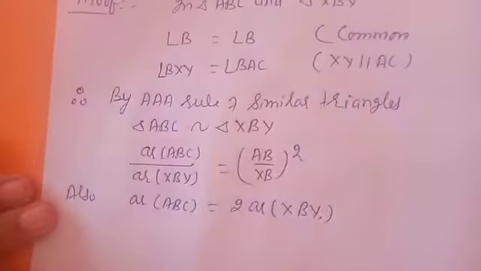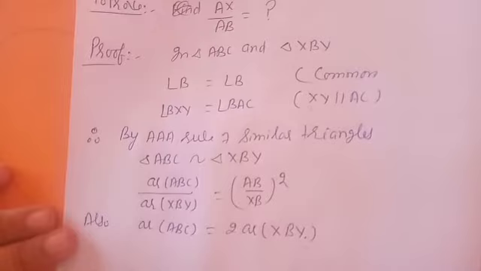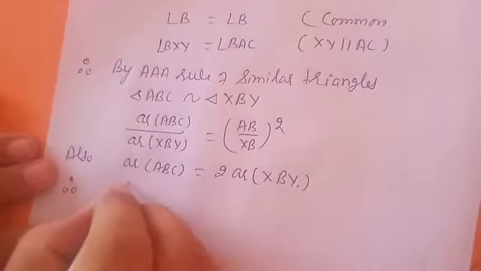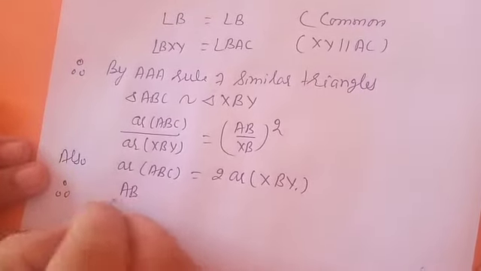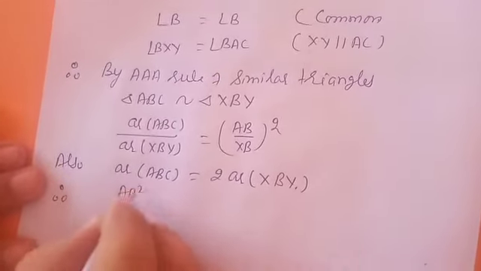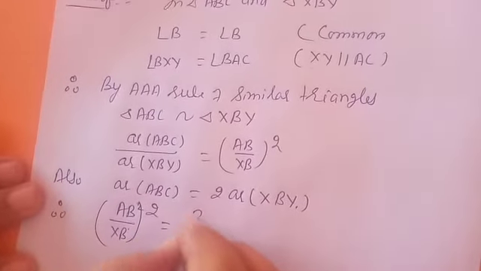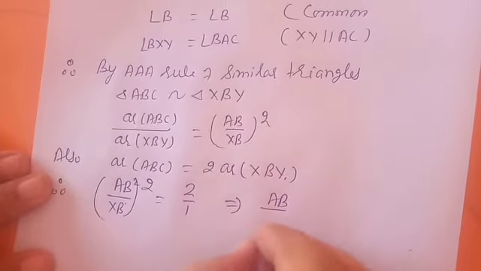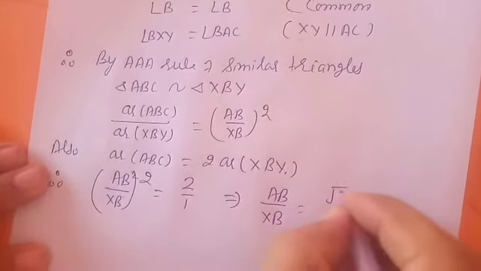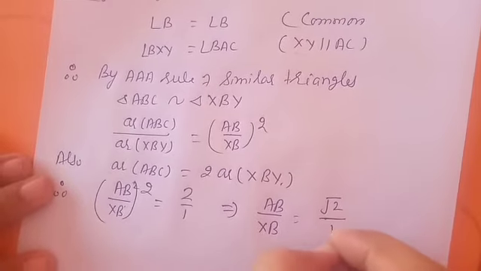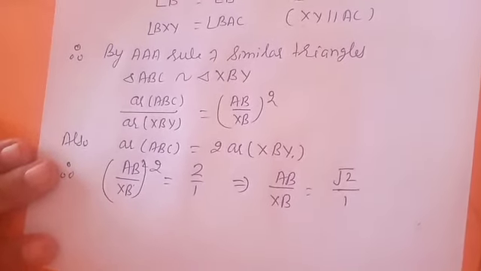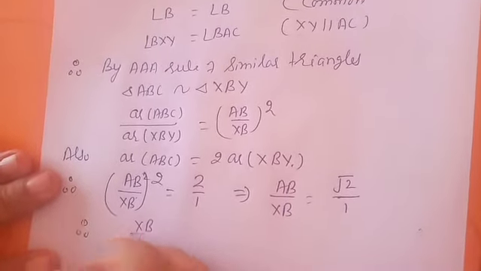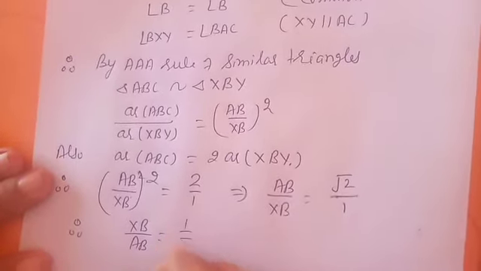This is given here. So therefore AB square by XB whole square is equal to 2 by 1. This implies AB by XB is equal to root 2 by 1. And what is its inverse? Therefore XB by AB is equal to 1 by root 2.